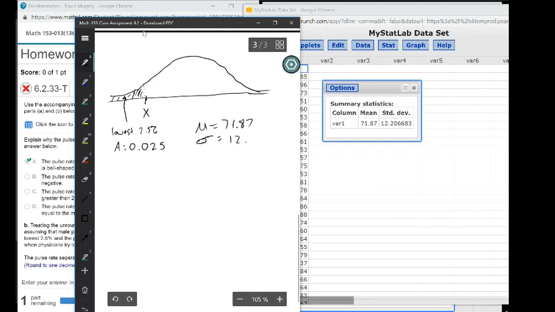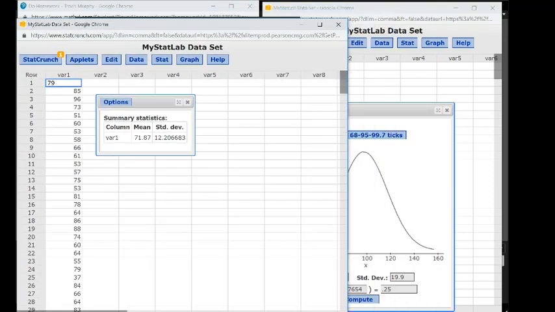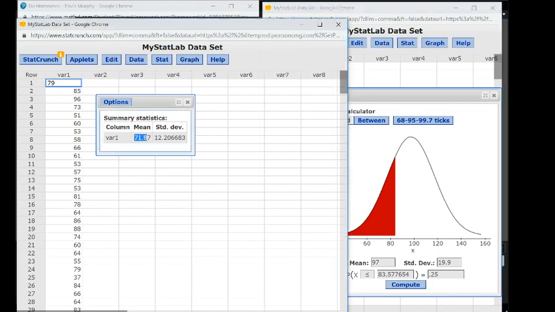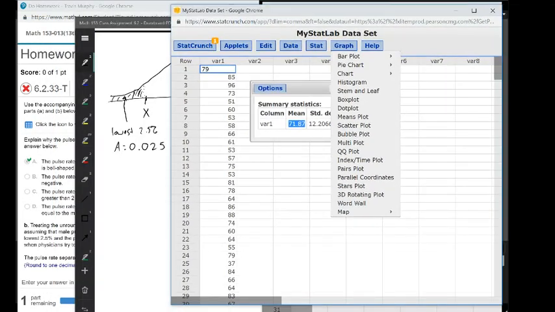Or since it says unrounded, we could just take these and copy them into, just stay on the same StatCrunch.